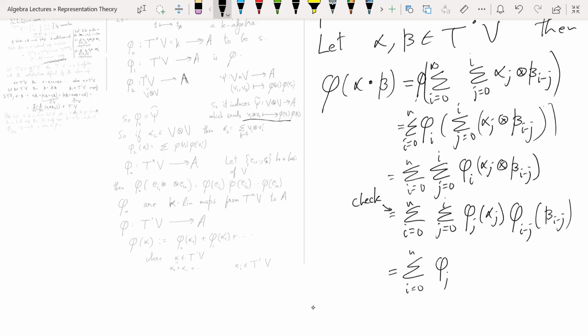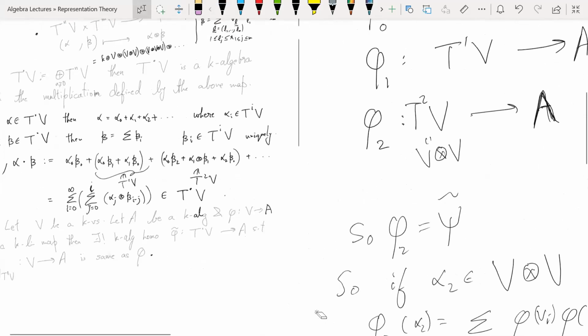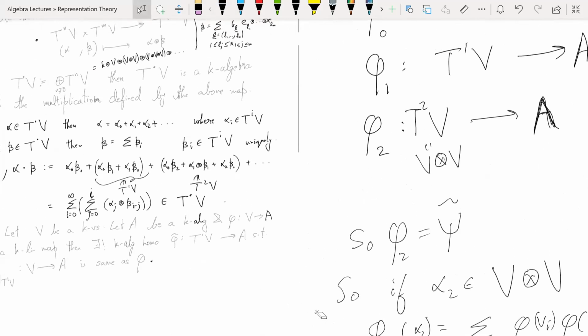So you just sum alpha j times the summation over j equals 0 to n. So maybe I'll write it differently. This is how we got this formula as well. We multiplied sums of alpha and sums of beta to get this thing.